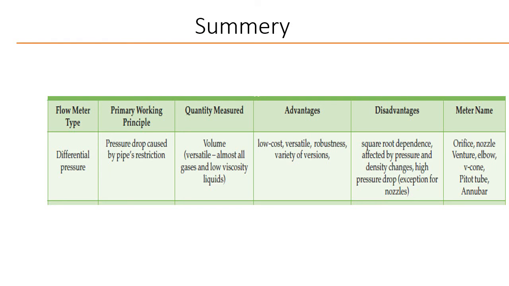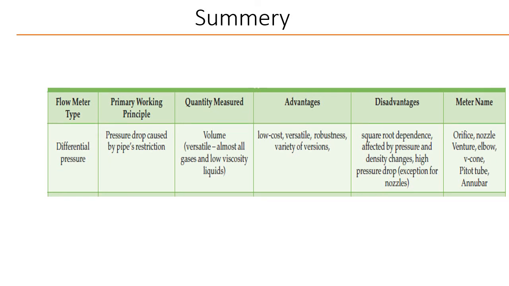Advantages: low cost, versatile, robust and a variety of applications. Disadvantages: it's square root dependent, affected by pressure and density changes, and has high pressure drop. Except nozzle, all other meters have high pressure drop. Meter names: orifice, nozzle, venturi, elbow, V-cone, pitot, annubar. Okay, thank you.